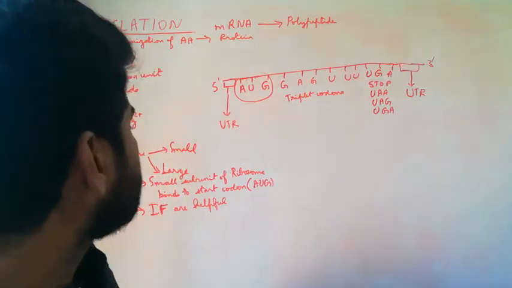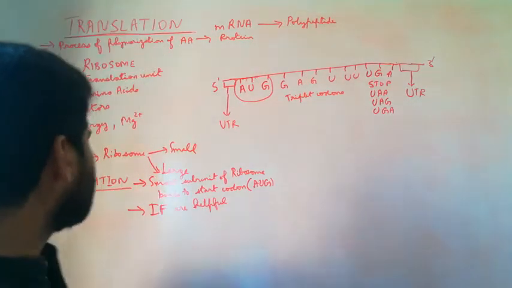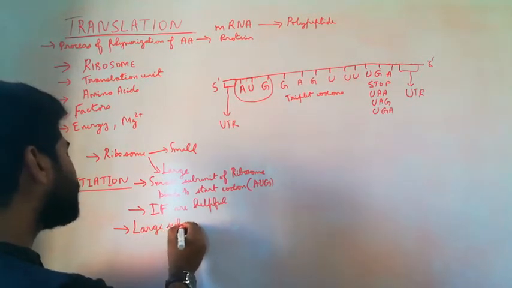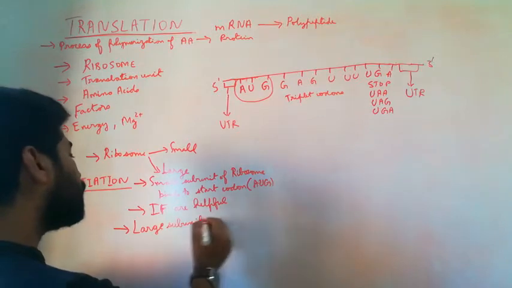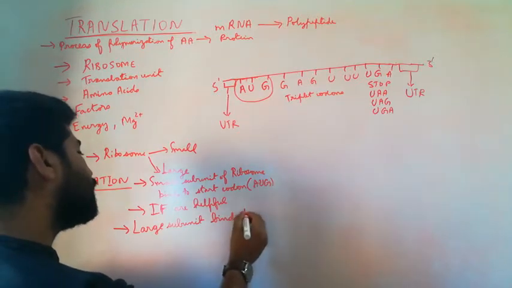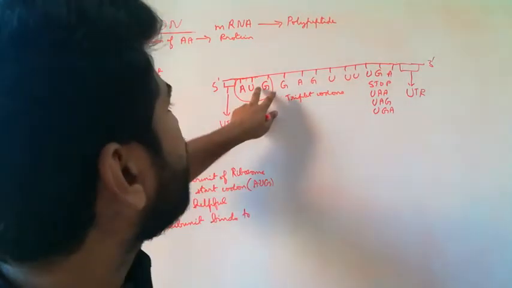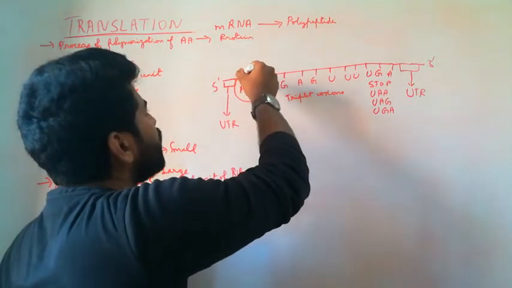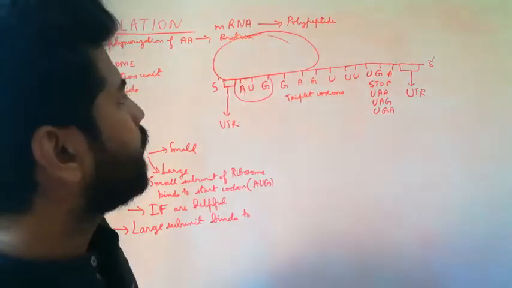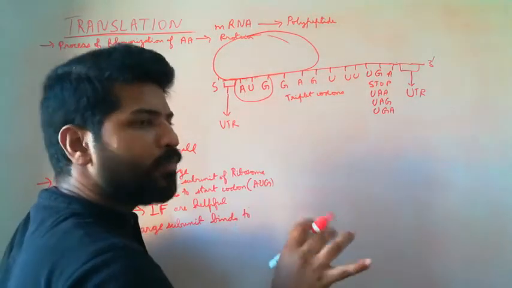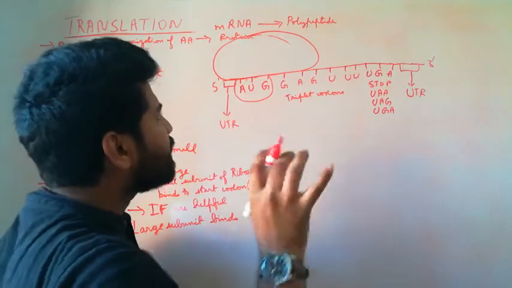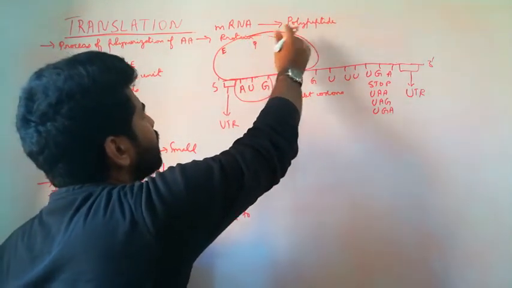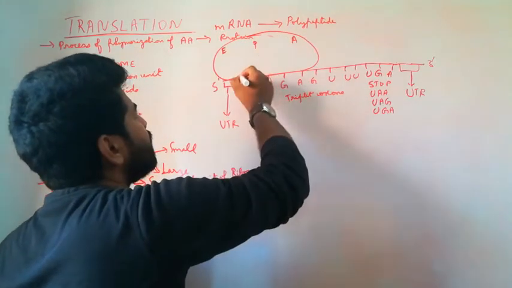Once the small subunit of the ribosome comes and binds, it is soon followed by the large subunit. The large subunit also binds to this mRNA ribosome complex. The large subunit has three sites on it: the E site, the P site, and the A site.